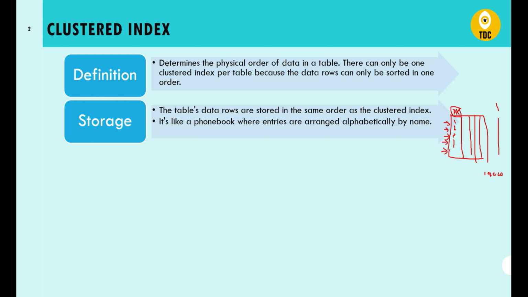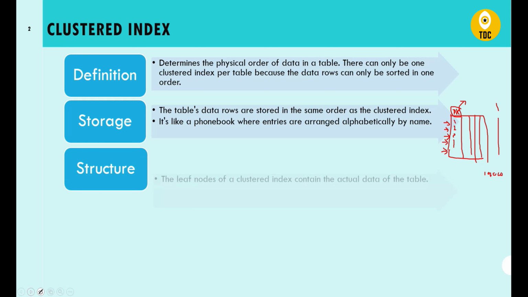Similarly here, whatever column you choose might be an employee ID or an employee name. Generally in 99% of cases it will be a primary key, which is the ID column. You can choose other columns as well, but ideally it should be a unique identifiable column, which in this case is the employee ID or any identifier column.